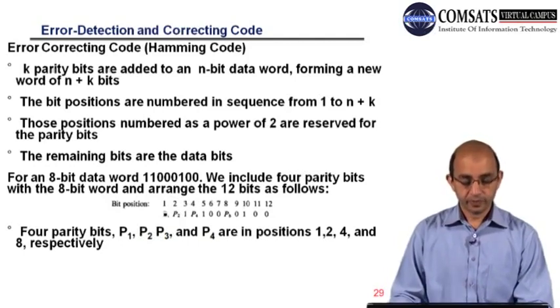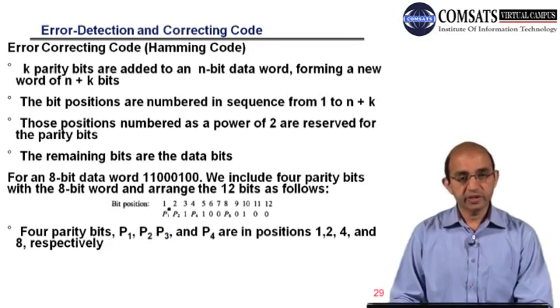Here we have identified the bit positions, starting from 1, 2, 3 up to 12, and as mentioned, the parity bits are at positions that are 2 raised to some power: 2 raised to power 0 is 1, 2 raised to power 1 is 2, 2 raised to power 2 is 4, and 2 raised to power 3 is 8.